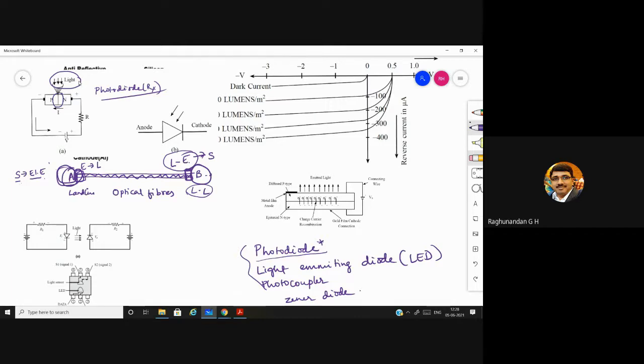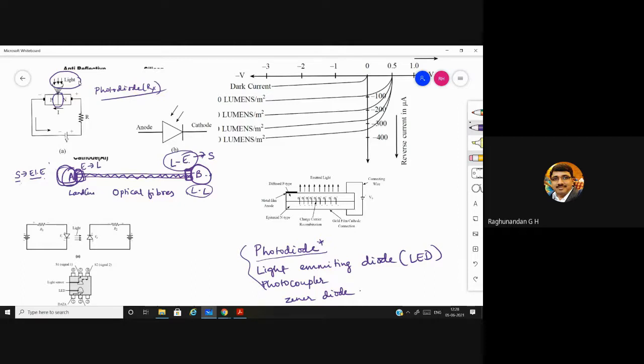In order to do this, we need to concentrate on the depletion region, because light signal will not give a very high energy. If you touch an optical fiber cable, you will not get a shock, nothing will happen, because the signal has very low amplitude.